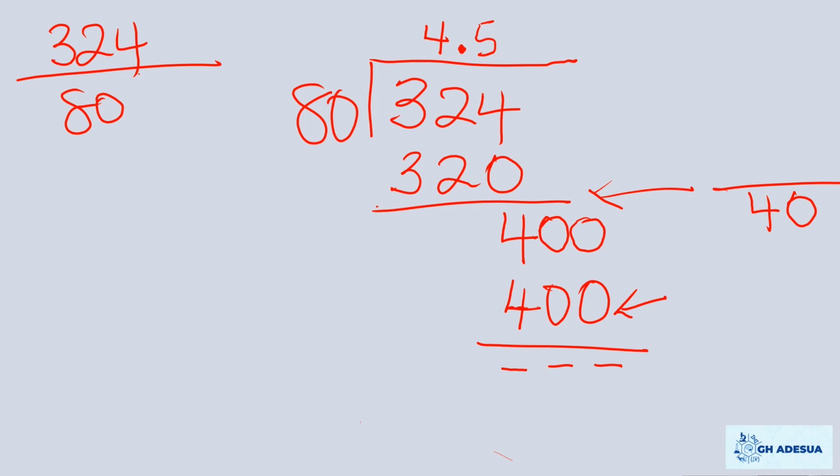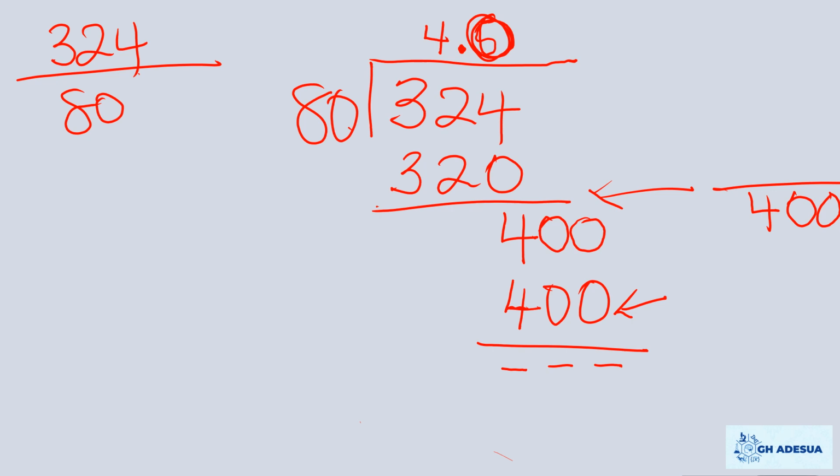Okay, are you with me? So when you bring a decimal point, you bring 1 0, right? So 80 into 40 is not possible. At that point, you don't just add a 0 here. You add a 0 here, you add another 0 over there. Yes.